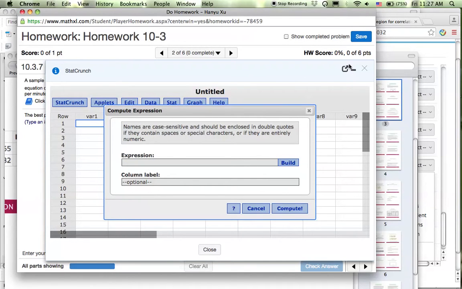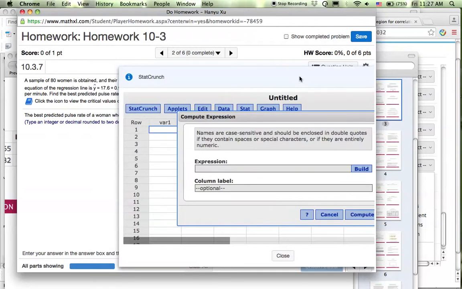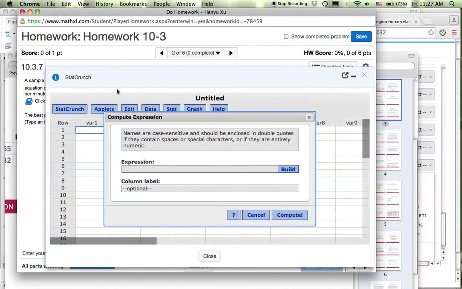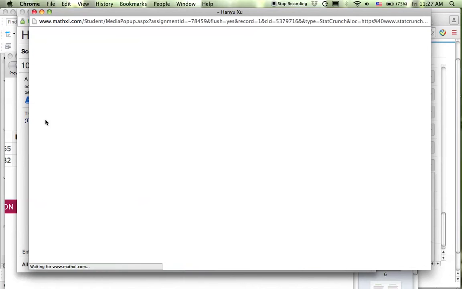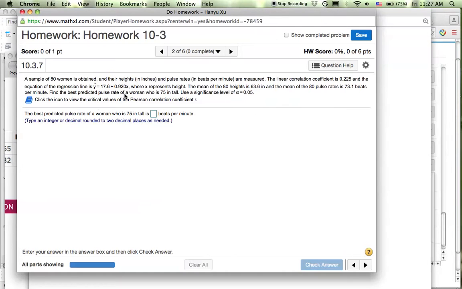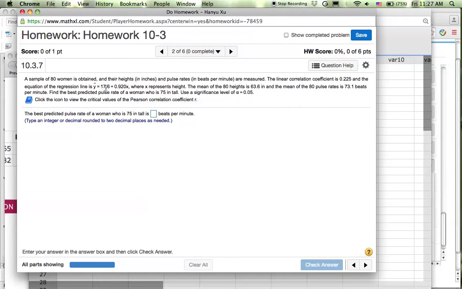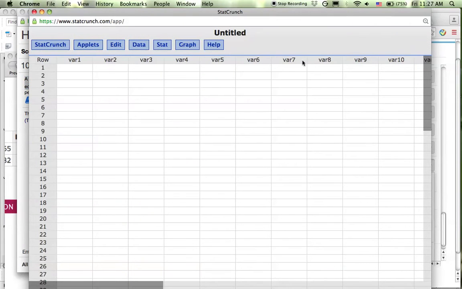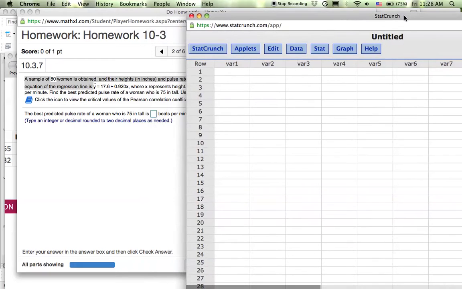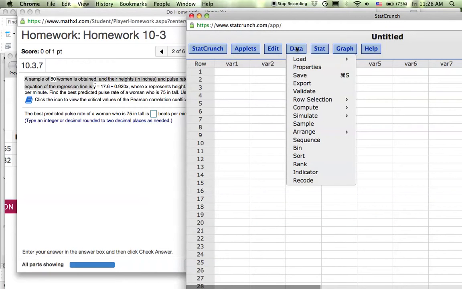Okay, I cannot copy, so I will just manually plug that in.